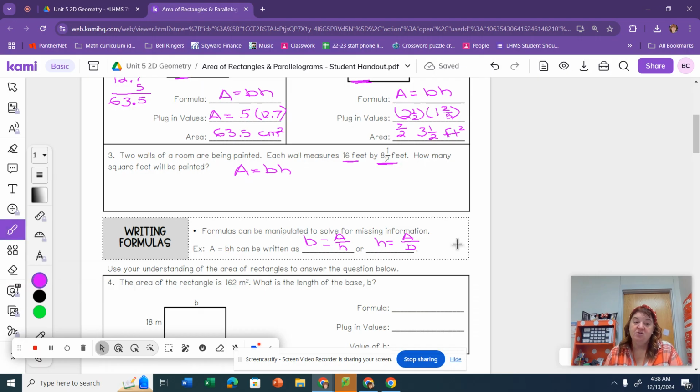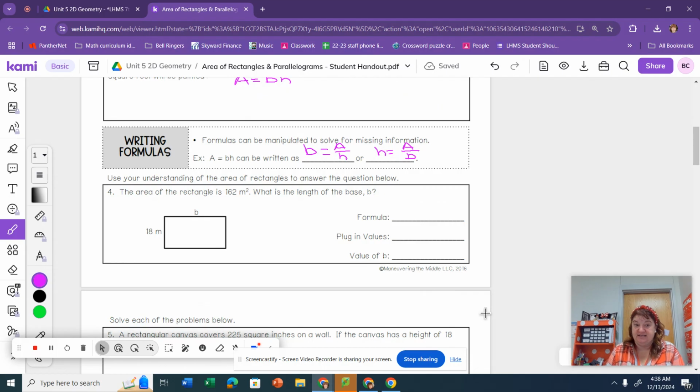Okay? So let's take a look at this one. The area of a rectangle is 162. So let's write the formula: area equals base times height. Now, I'm going to look for the base, so I can manipulate that to be base equals area divided by height.